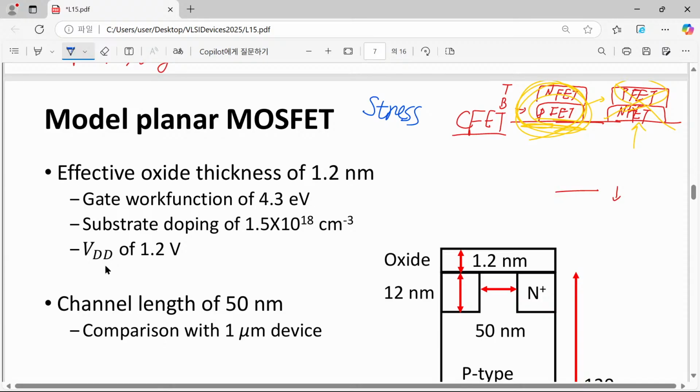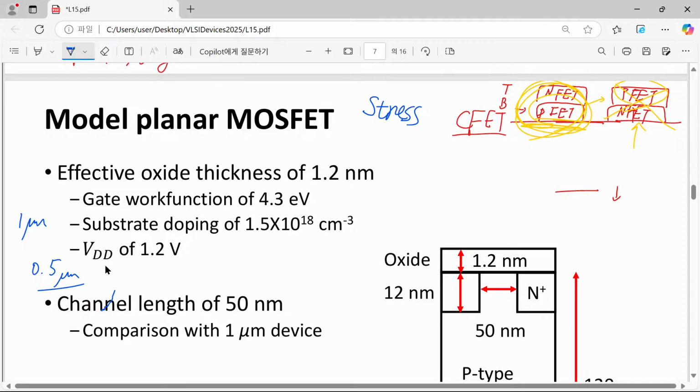But let's say previously we had 0.5 micrometer technology. In this case, a 1 micrometer long channel is not a long channel device. It should be regarded as a short channel device. So please note there is no absolute condition whether it is short or long. It really depends on the technology.